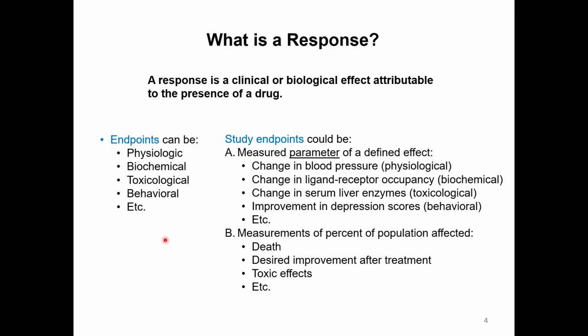So endpoints that can be measured and described include the following. It could be physiological. So for instance, the amount of drug necessary to lower blood pressure by 10 millimeters of mercury or whatever. It could be biochemical, the amount of drug that is needed in order to change something that we can measure biochemically, like the amount of glucose present in your blood. We want to lower it by a certain amount in order for it to be effective.